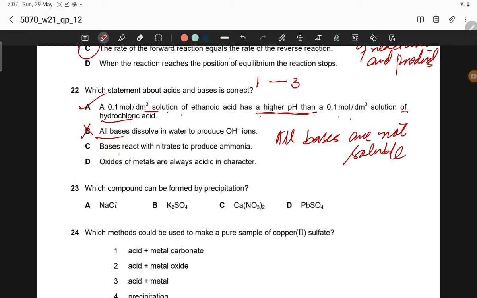Not all bases will react to produce ammonia. Only aqueous alkali react with ammonium salts to produce ammonia. Oxides of metals along with aluminium foil. Oxides of metals are always acidic in character? No, basic in character. So A option must be correct.